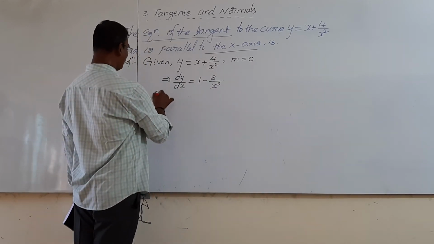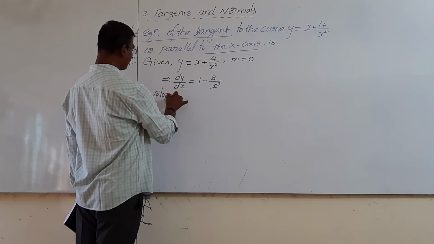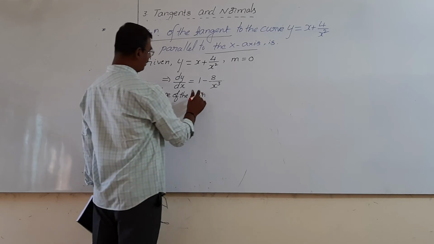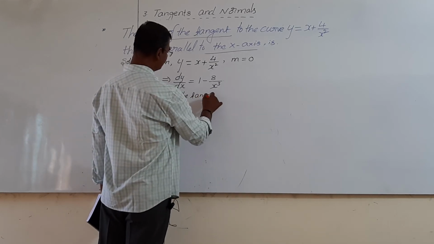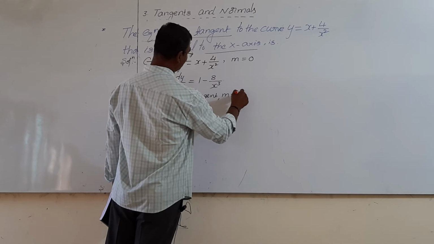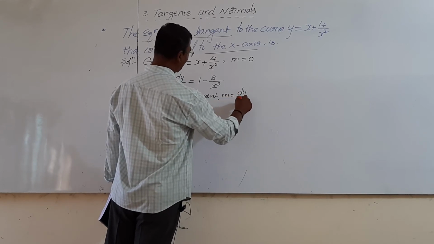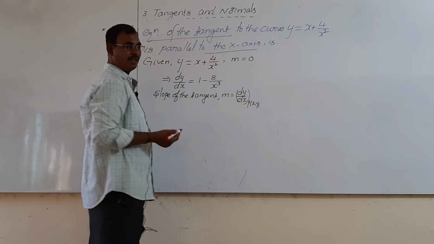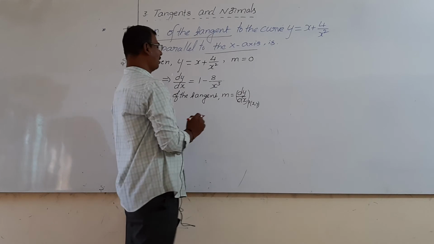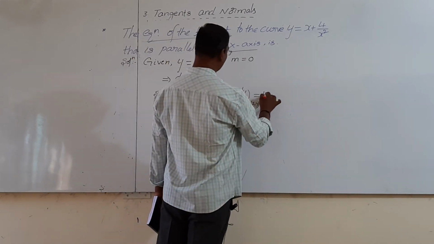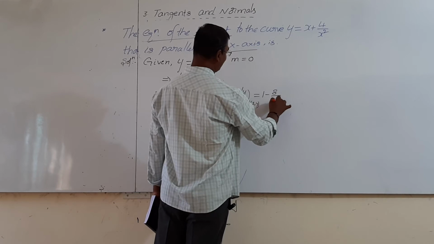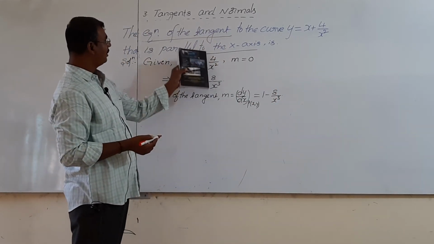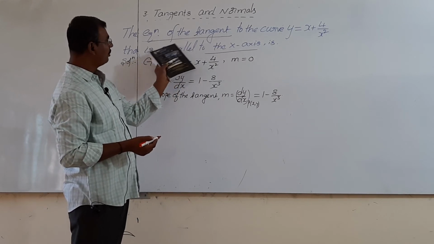Now the slope of the tangent. What is the slope of the tangent formula? M is equal to dy by dx at any point x comma y, or we take x1 comma y1, whatever it is. I take the general point x comma y. This is equal to 1 minus 8 divided by x cube. But here this slope is parallel to which one?